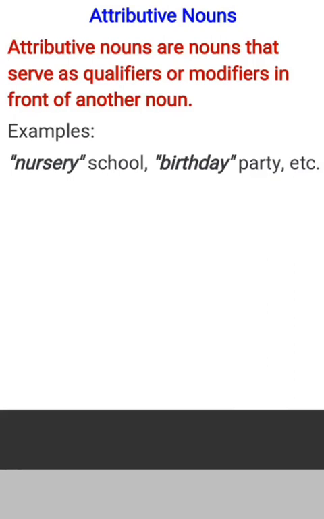So attributive nouns are nouns that serve as qualifiers or modifiers to another noun. Normally they are placed behind. Yes, they are placed behind, and they will now modify the other noun. We have some examples here.